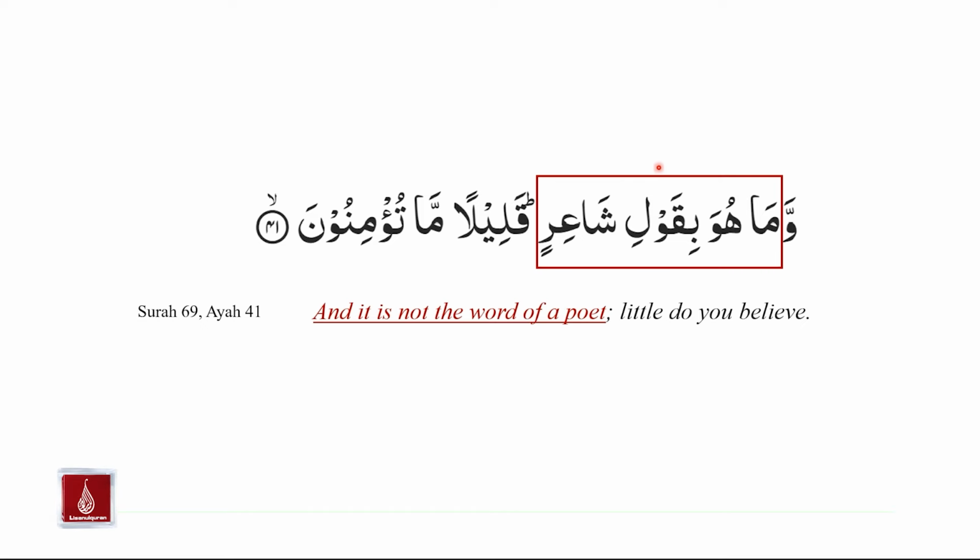If we focus on this section of the ayah, we see the use of ma, and in the translation, we can clearly see that ma is creating negation, and it is not the word of a poet. Please also pay attention to the khabar. بِقَوْلِ شَاعِرٍ. Please note the use of ba harf jar to create emphasis in the negation.